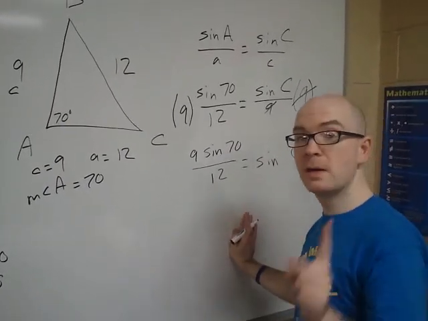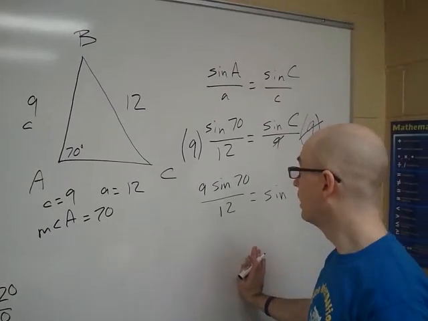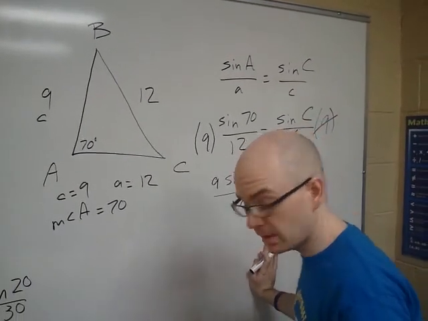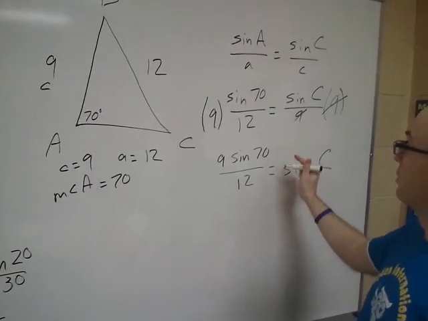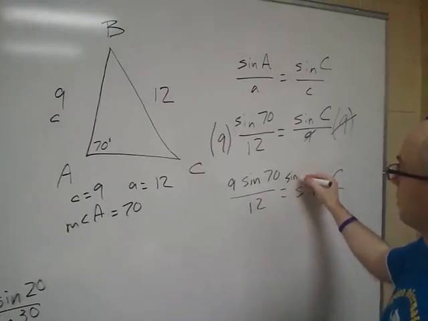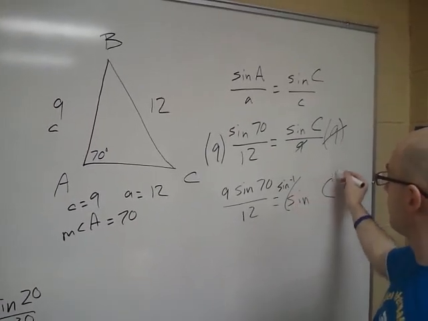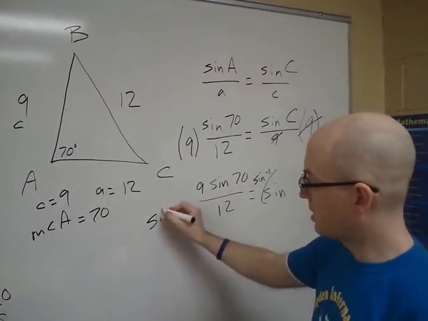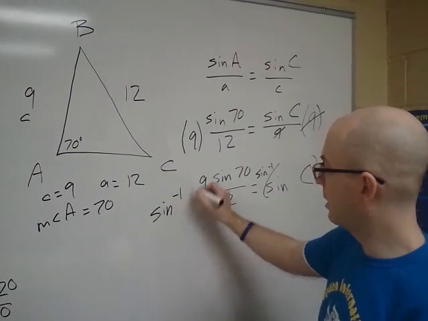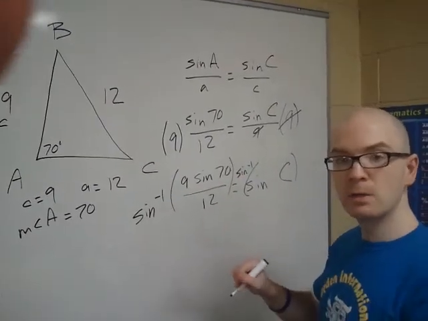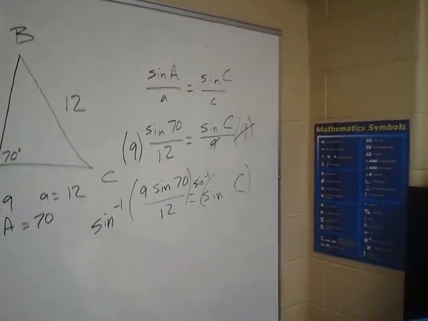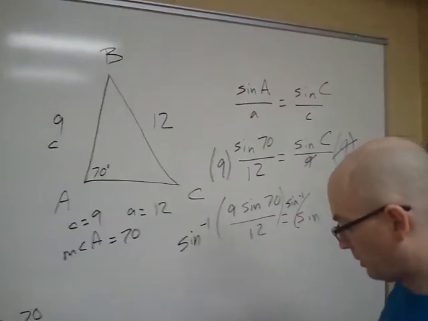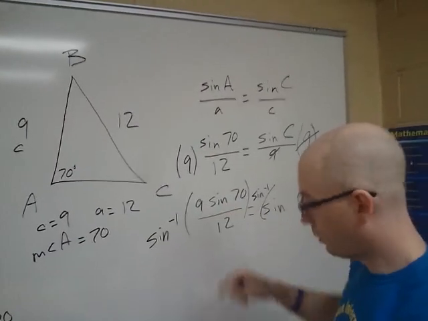Now we've got to go one step further that takes us a little bit beyond our algebra. We've got to undo this sine, and to do that, we're going to take the inverse sine of both sides. On your TI-84 calculator, do second, sine, and you will be able to plug in whatever you get for your answer.